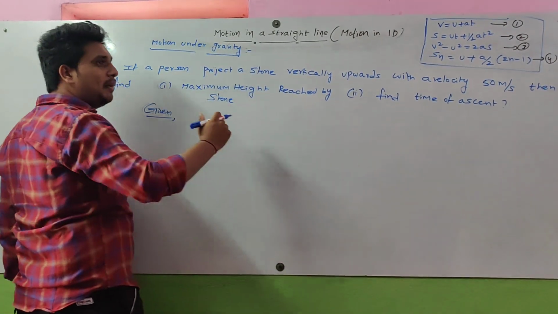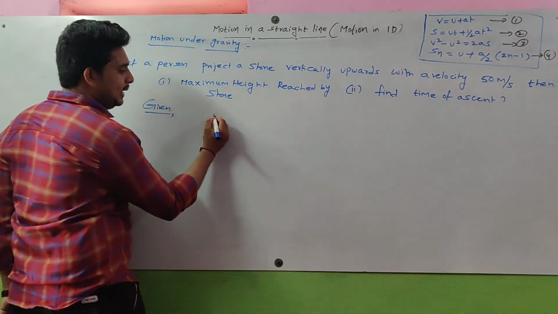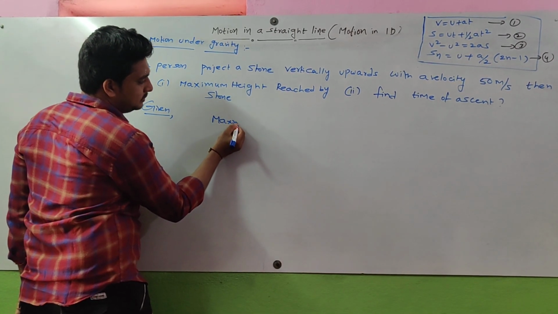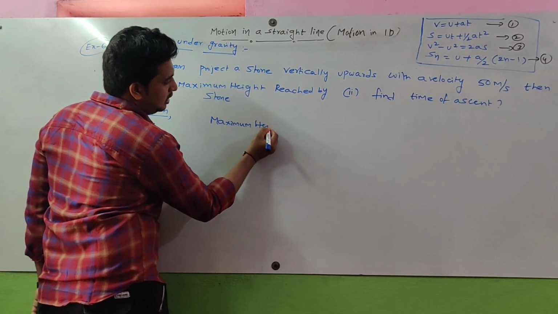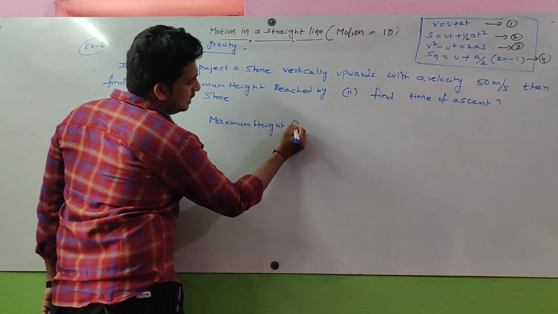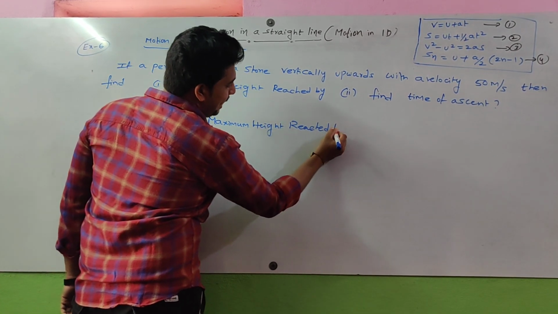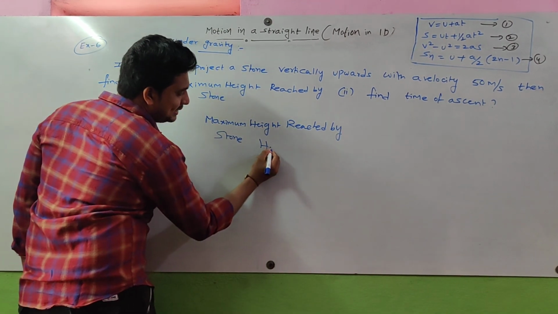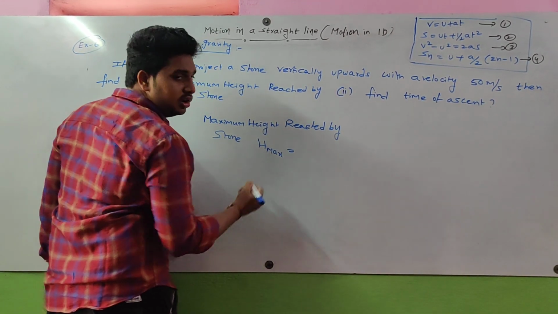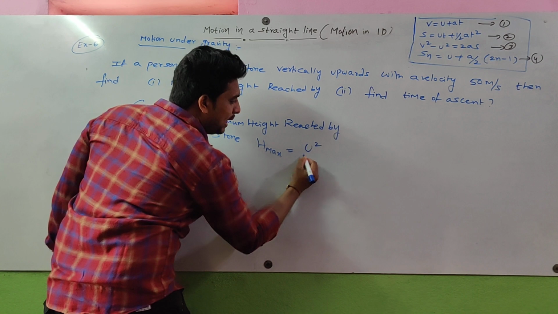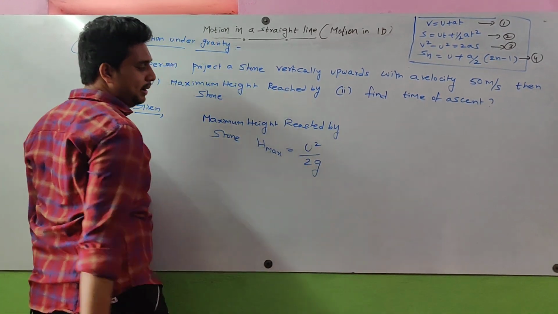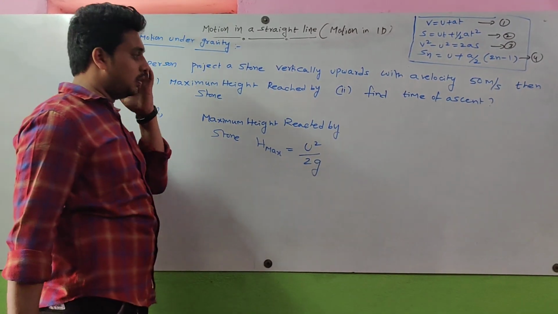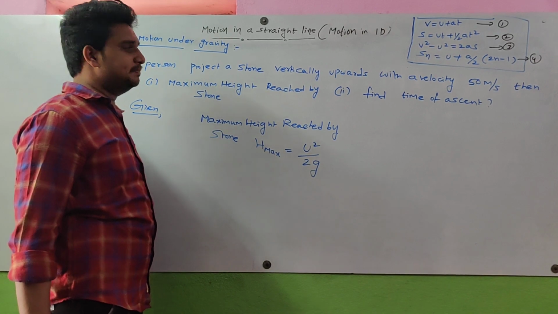So how to find the maximum height reached by the stone? H max is equal to U square by 2g. So this is the formula, U square by 2g.